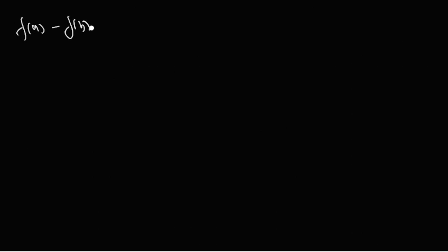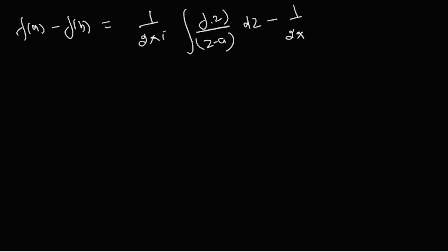So by first and second we can write here f of a minus f of b equal to what? 1 upon 2 pi i integration f of z upon z minus a dz minus 1 upon 2 pi i integration over C of f of z upon z minus b dz.